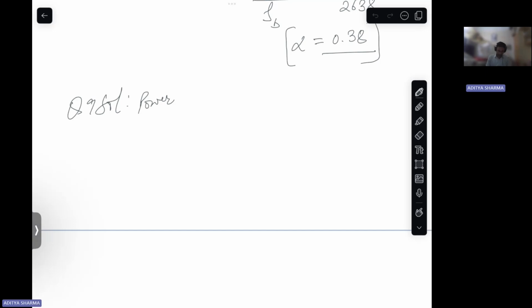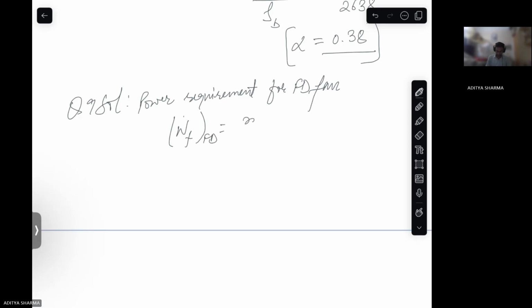Okay. So power requirement for FD fan is mass flow rate of air into specific volume of air into pressure drop across the combustor.